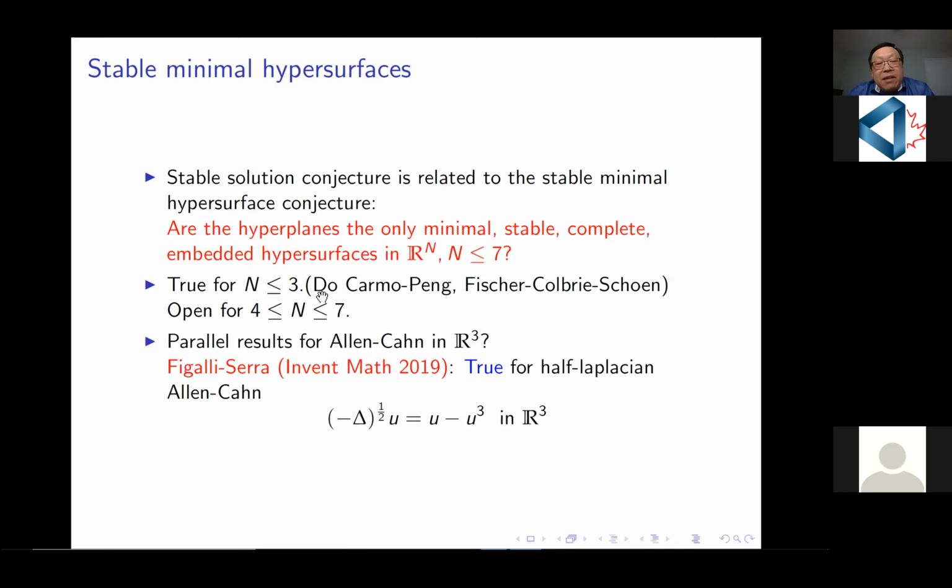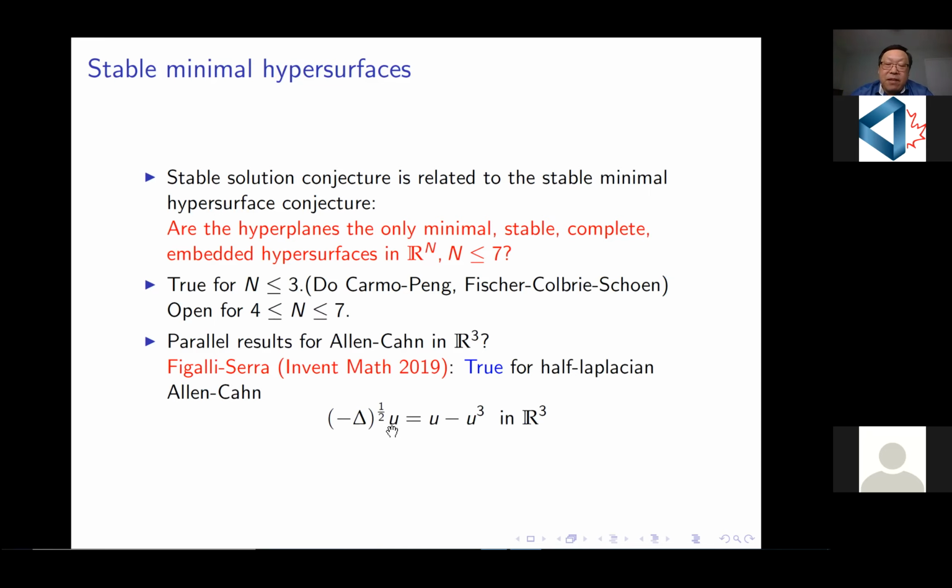Let me just mention a very interesting recent result by Figalli and Serra in 2019. They prove that the stable solution conjecture is true in R3, not for the Laplacian, but for the half Laplacian.